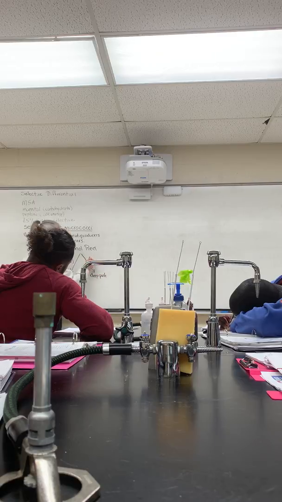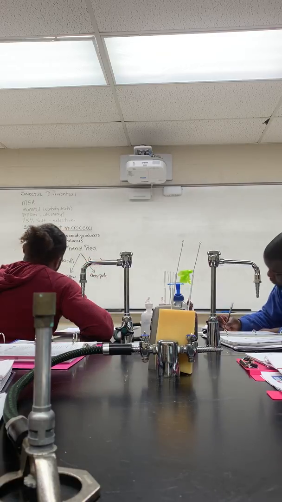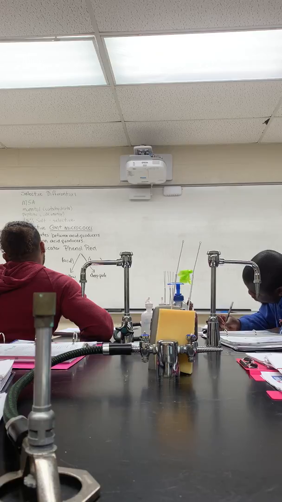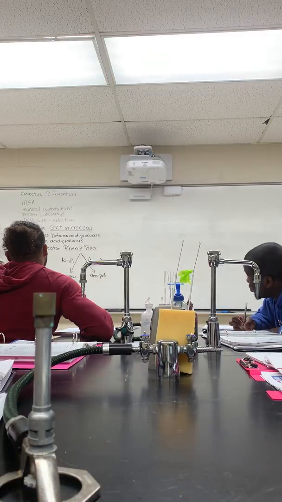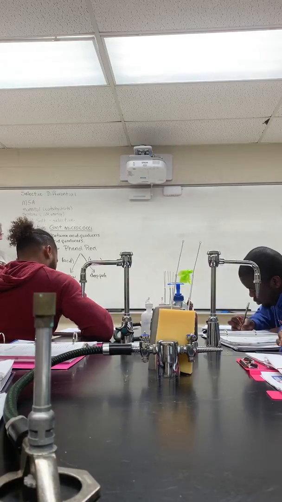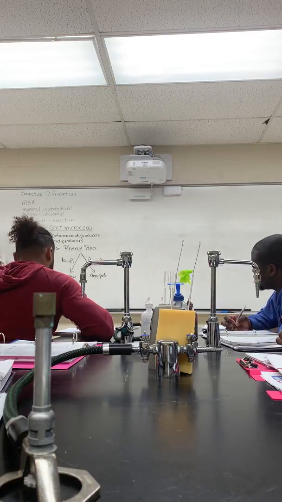Deep pink, a real deep pink color. So what this tells you is it's fermenting the mannitol. It ferments the mannitol and produces acid as a byproduct. That's what creates that yellow color.